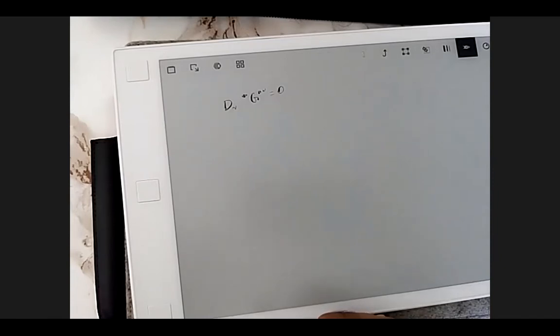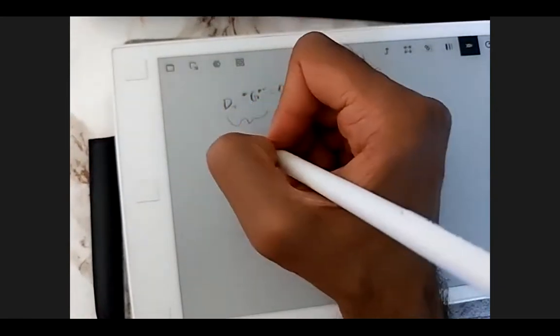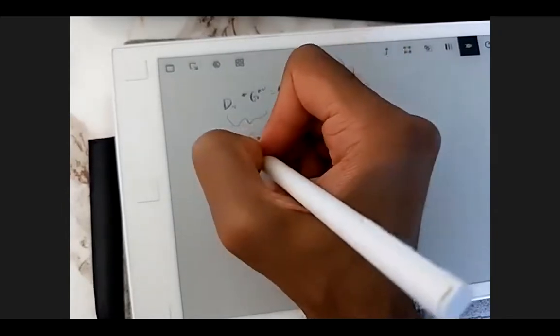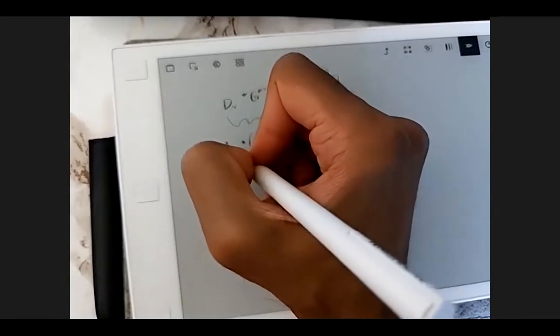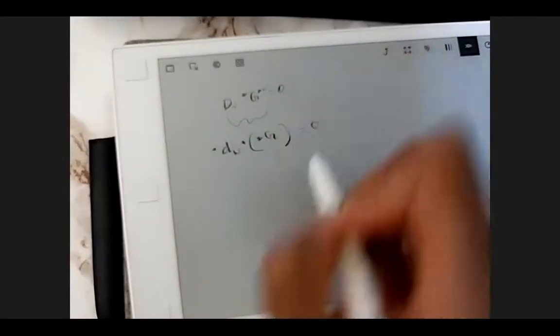So this statement can just be written as star d sub W star G equals 0.